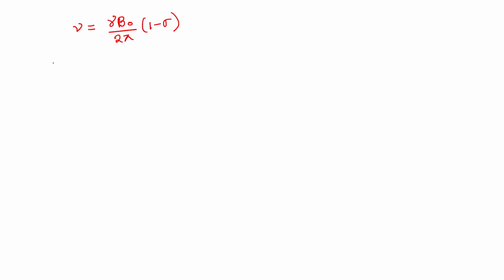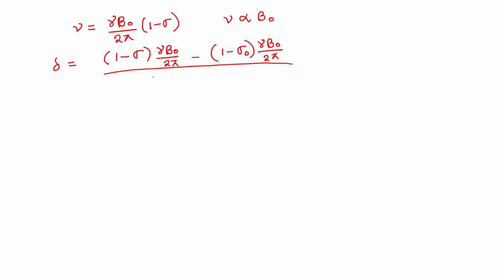So your nu is dependent on B0, but when we take a reference for a particular case, what we are going to have is 1 minus sigma gamma B0 by 2 pi minus 1 minus sigma 0 gamma B0 by 2 pi, because we are talking about the same nuclei, the proton, divided by 1 minus sigma 0 gamma B0 by 2 pi, and obviously multiplied by 10 to the power 6 ppm.